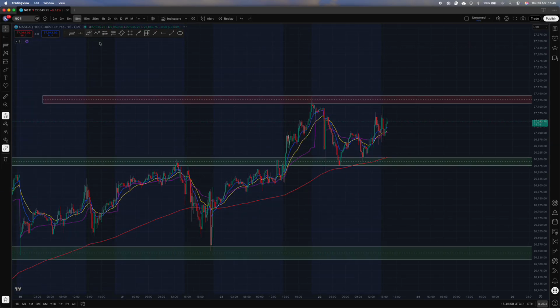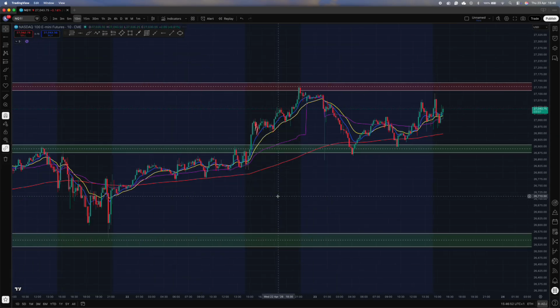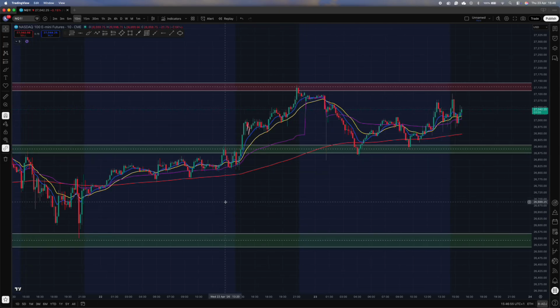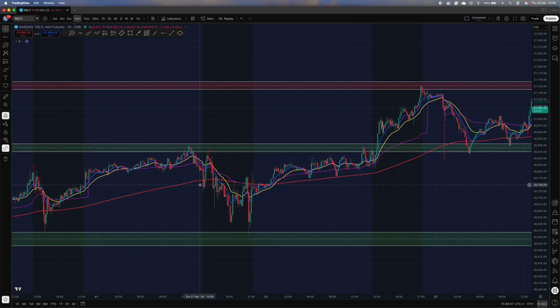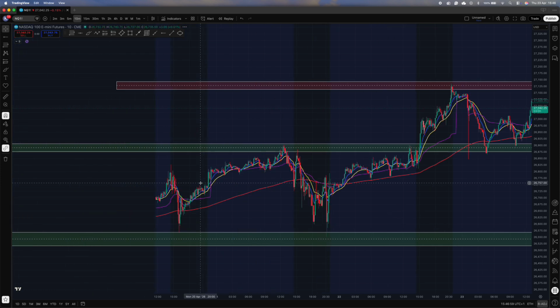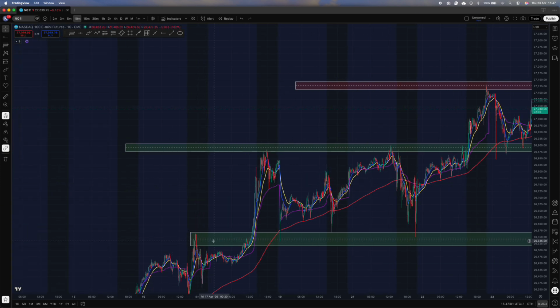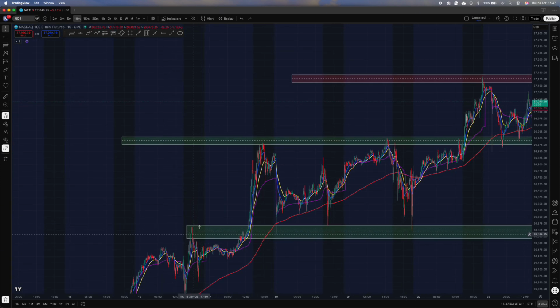So if we was to break down the 10-minute chart now, let's use Tuesday the 21st as an example. After we've mapped out, this level was previous supply now turned into demand. So it broke above it, retested it, pushed up, made new highs.